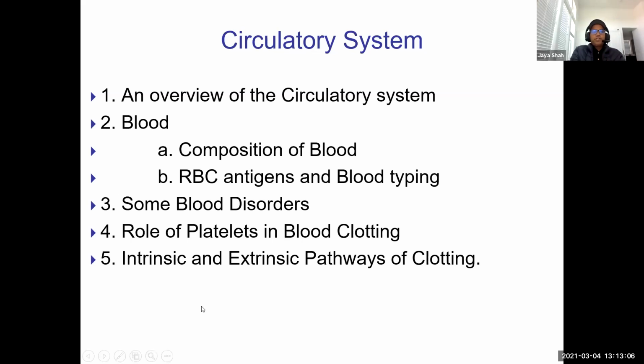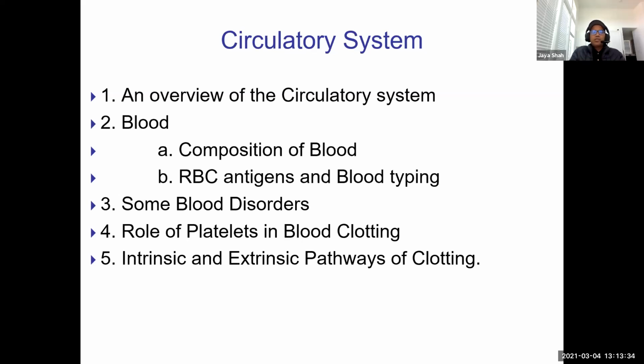And then we will see some blood disorders, which are common and associated with blood, like anemia, polycythemia, and other blood cancers. The function of blood is to stop bleeding too. And it is the platelets in blood which do that function.